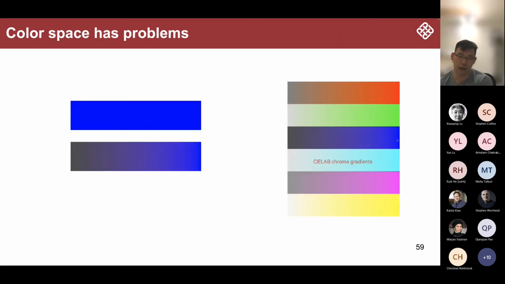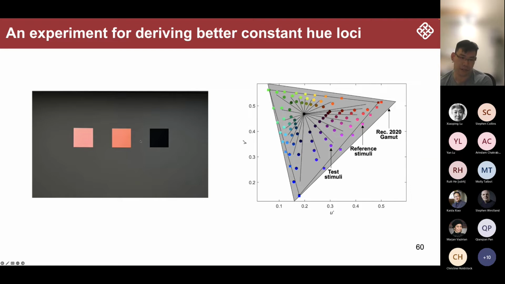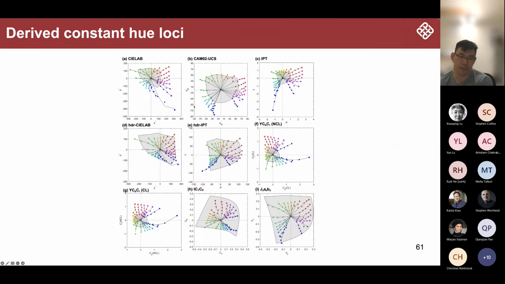In order to look at how we should perform such chroma compression for constant hue, we ran another experiment, looking at how different color spaces perform for hue constancy close to the Rec. 2020 gamut. I'll just show the result here.